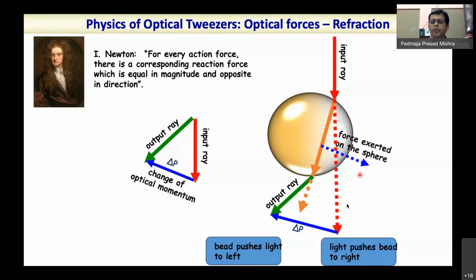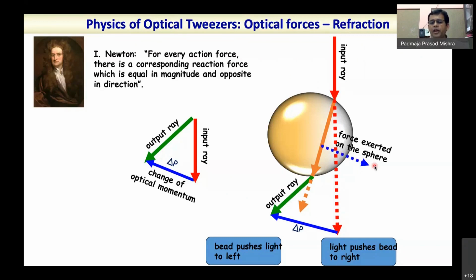If we carefully look at the entire phenomenon, the bead is trying to bend the light to the left, but the light is putting a force on the bead in this direction. As I said, momentum is directly related to the force exerted.